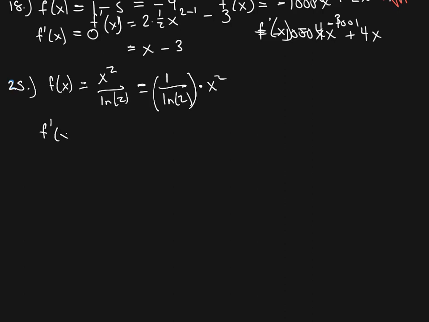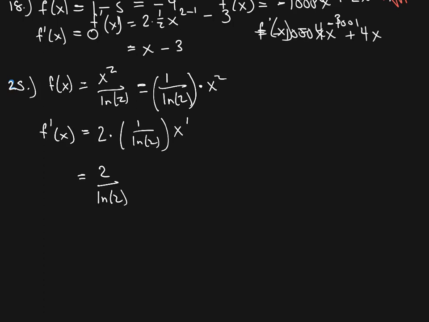So we've got f prime of x is going to be equal to our 2 times this 1 over the natural log of 2 times x to the 1. So this is equal to 2 over the natural log of 2, right?